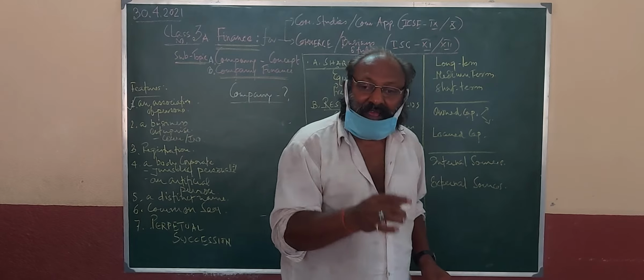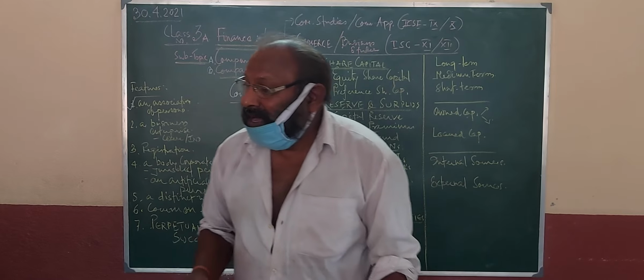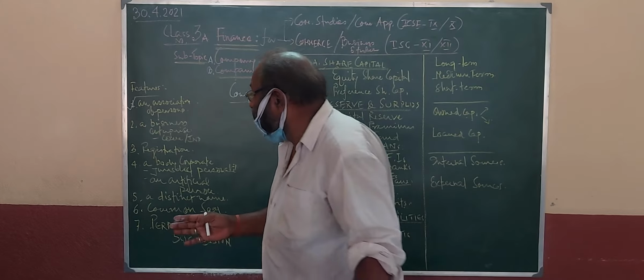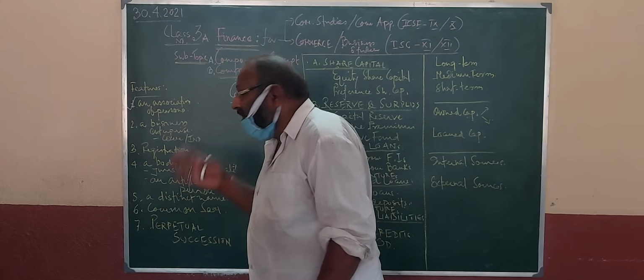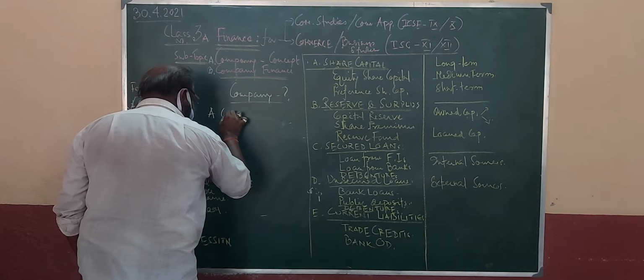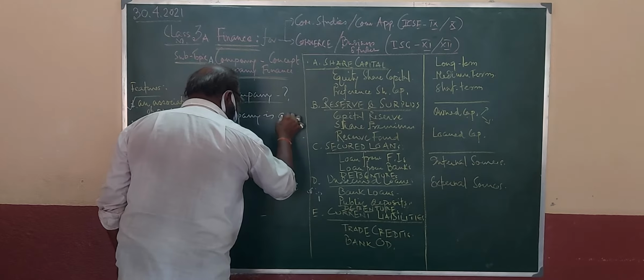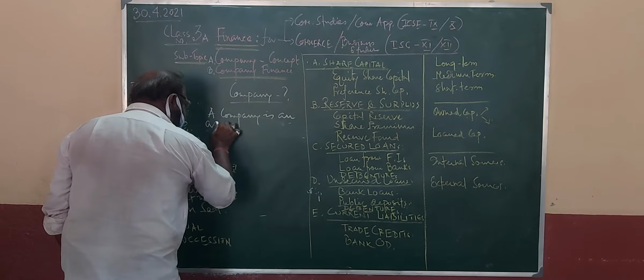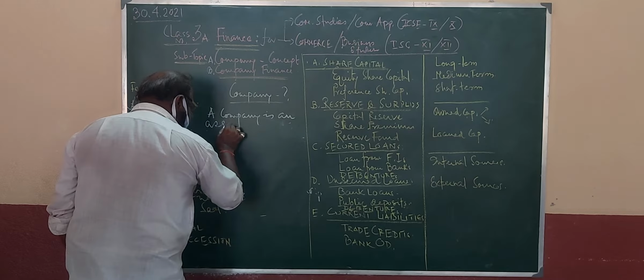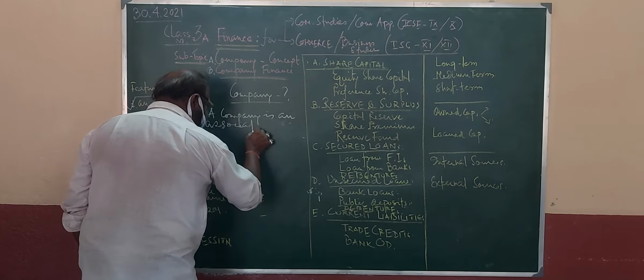In order to be a company, we follow the legal definition of company. A company, as per the Companies Act, 1956, is an association of persons.